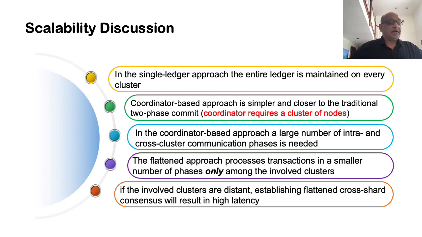So let me summarize our discussion on scalability. We saw various approaches for making permissioned blockchain systems scalable. The first approach partitioned the network into smaller clusters, but maintained a centralized, single ledger across all the sites.